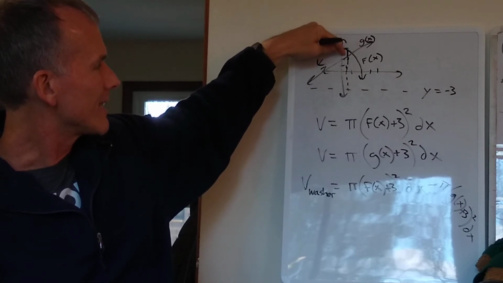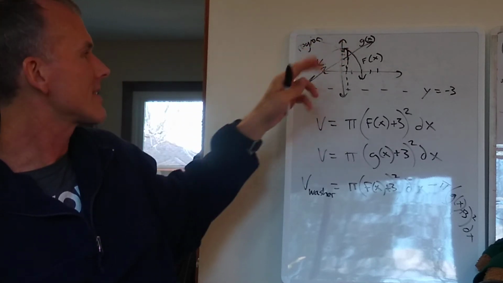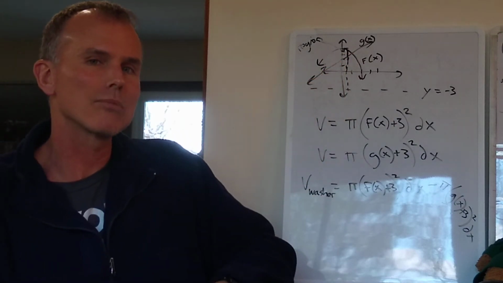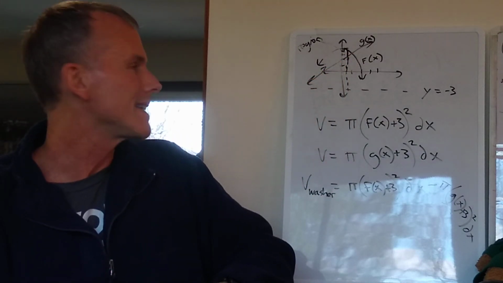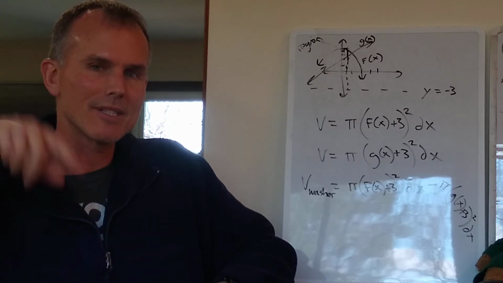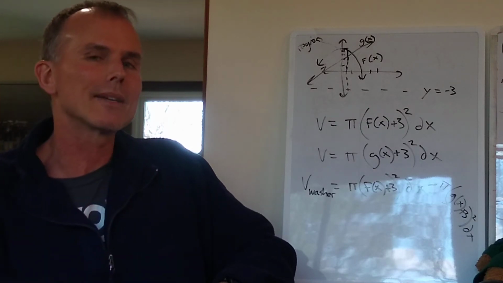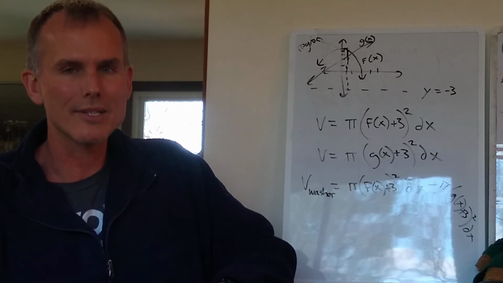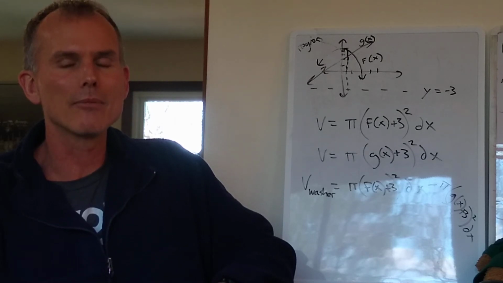Think about there's an infinite number of infinitely thin line segments that start at 0 and go to the intersection point there of F and G. And each one of those line segments gets revolved around y equals -3 to create a cylinder, or sorry, not a cylinder, a washer. And then we've got to add up the volume of all those washers by integrating.